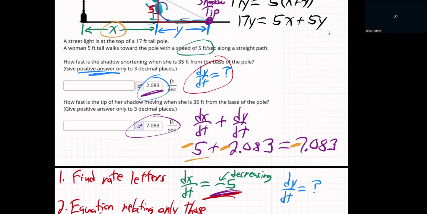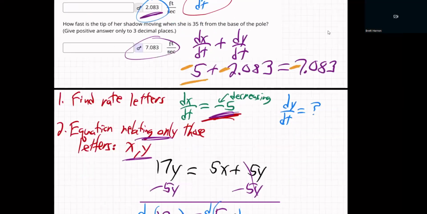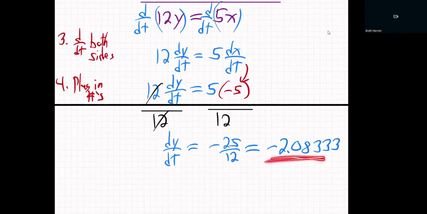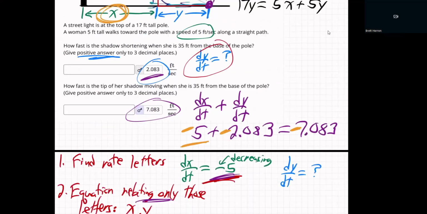Meaning x is shrinking 5 feet every second, right? The distance she is from the pole is shrinking 5 feet every second because she's running towards it 5 feet every second. So every second she gets 5 feet closer and x shrinks by 5. And her shadow shrinks. We actually got negative 2.08 down here, so her shadow shrinks 2.083 feet every second.